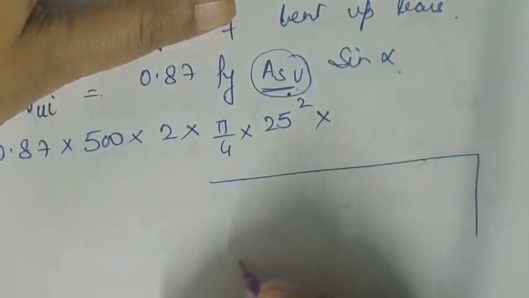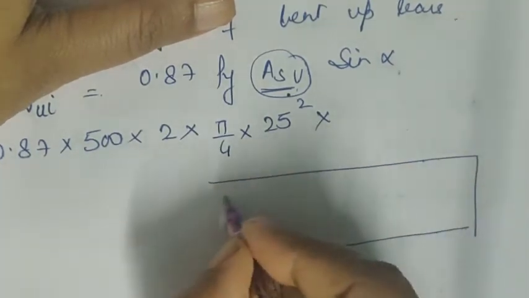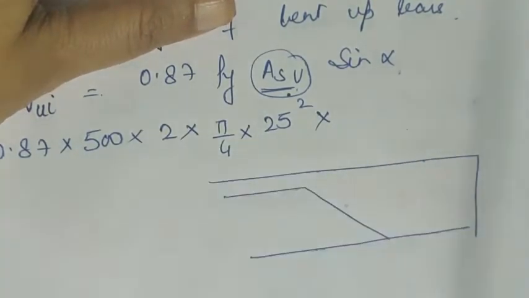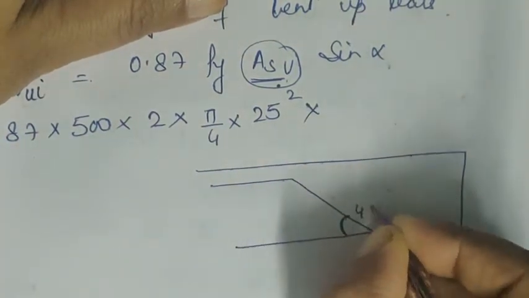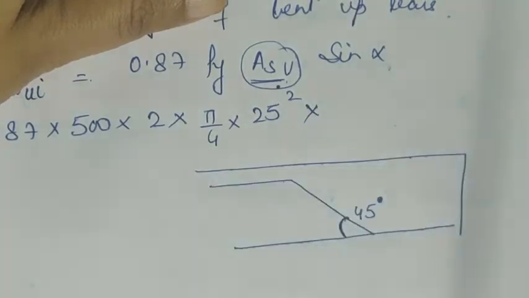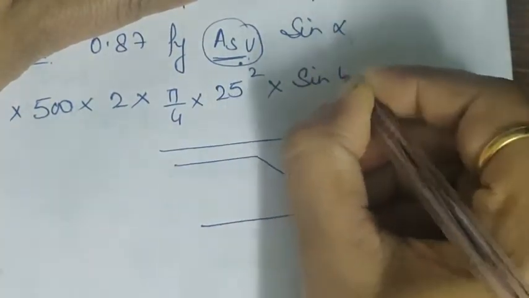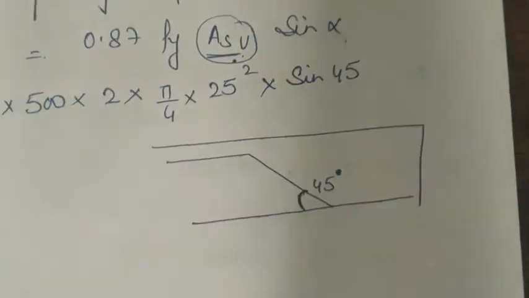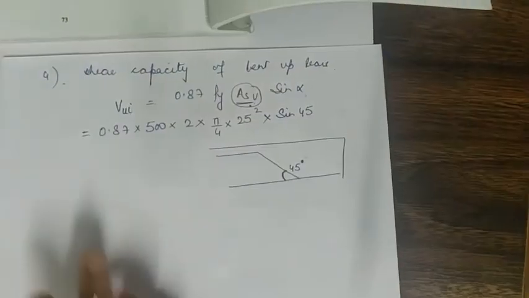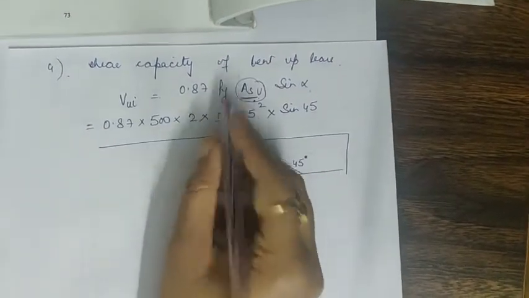Please understand that this bar was going straight, this bar is bent up. Now in the question it is written that they are bent up at an angle of 45 degrees. So sine alpha is sine 45 degrees. Clear? Now if we do everything, the answer will come in newtons.